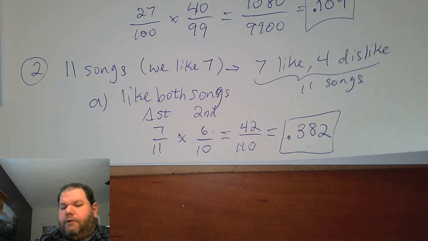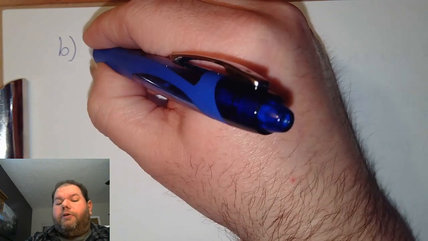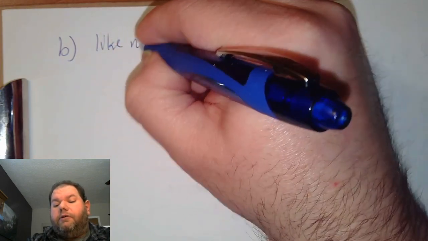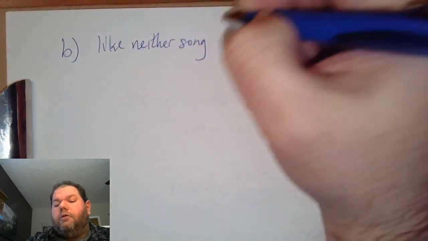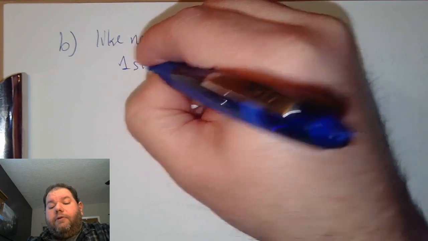Alright. Now part B. We want the probability that we like neither song. That means we dislike the first one and we dislike the second one.